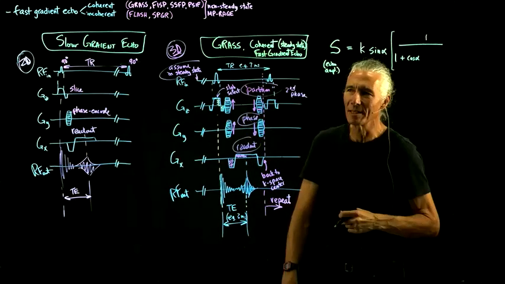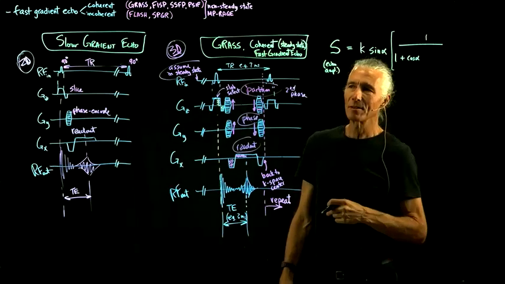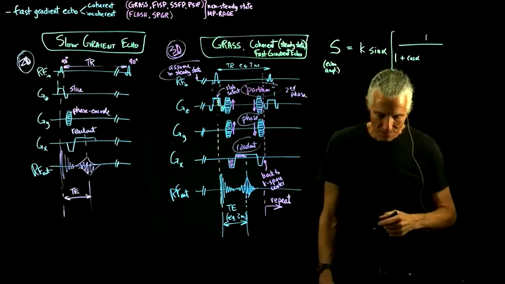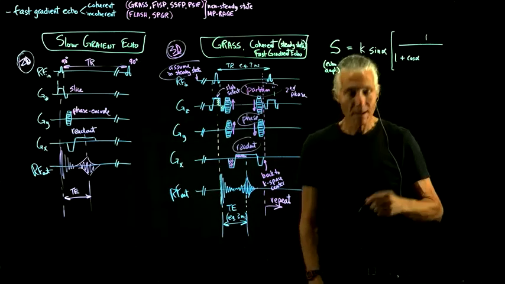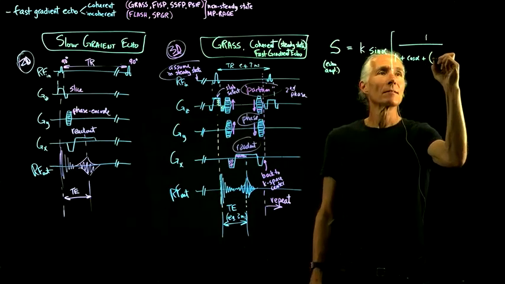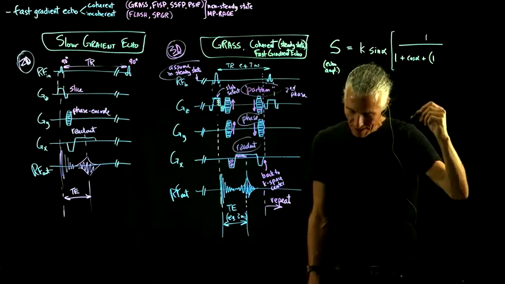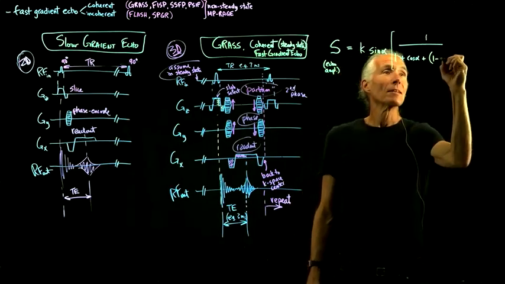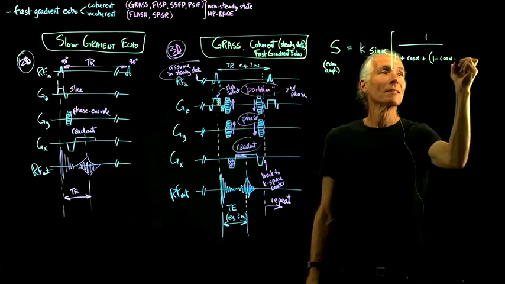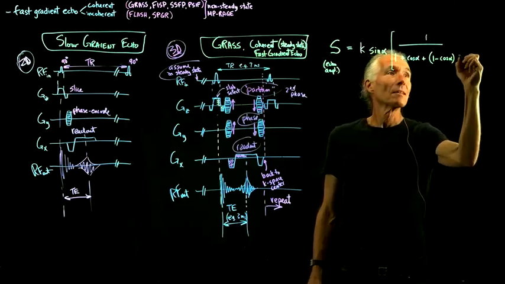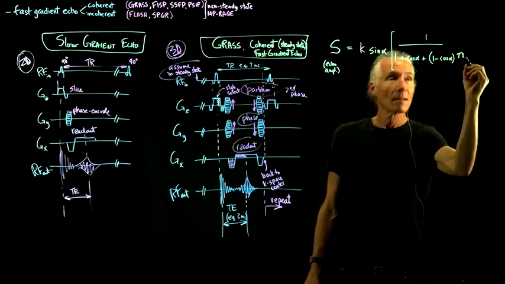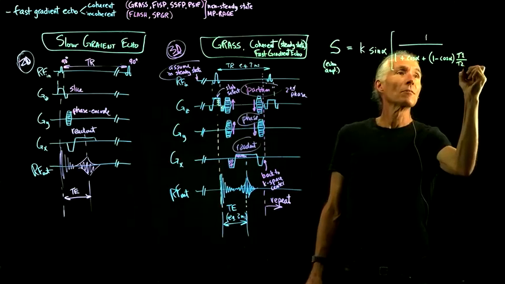you end up with T2 in there, not T2 star. So the equation is plus 1 minus cosine of alpha times T1 over T2 over T2.